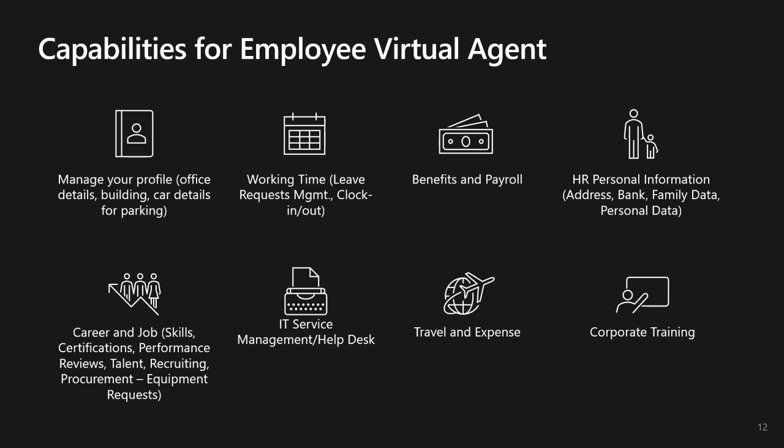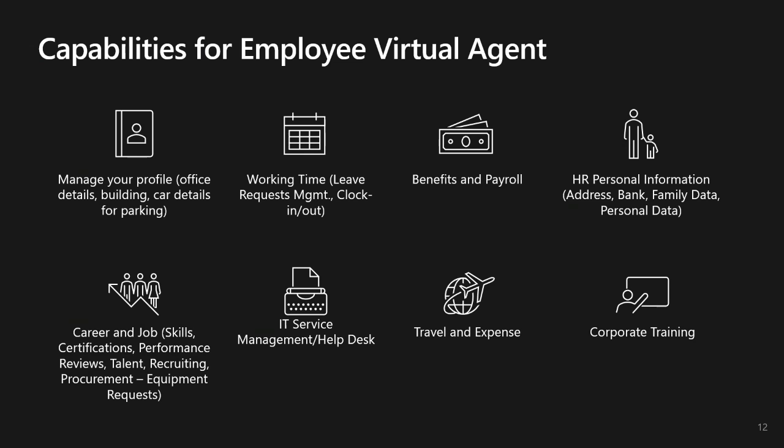So that can be your leave and absence requests, or it could be clock ins and clock outs. Obviously, we've got full benefits and compensation management information and payroll related information as well that could be integrated in. From a payroll perspective, you might pull data from multiple sources, including your external payroll system, as well as compensation information that's found directly in Dynamics 365.